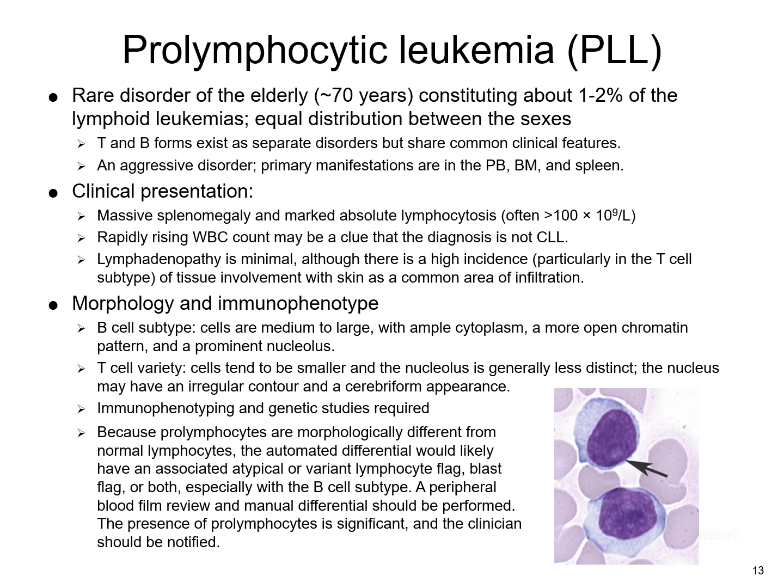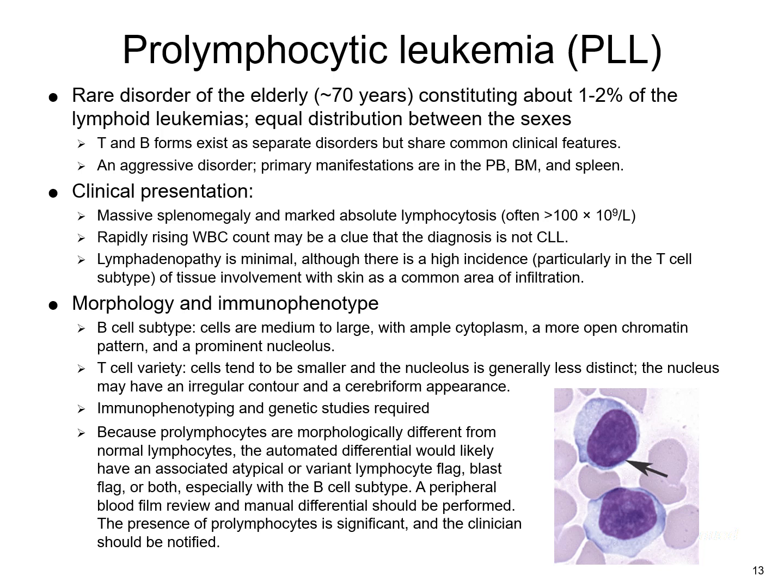Now, morphologically, the B cell subtypes, which account for about 75% of the cases, will be medium to large in size when compared to a normal lymphocyte. They're going to have a very large cytoplasm, a more open chromatin pattern, and you will see a prominent nucleolus within that cell.